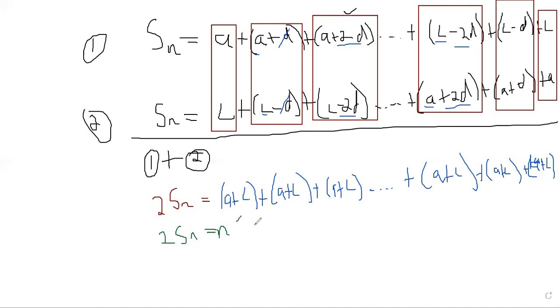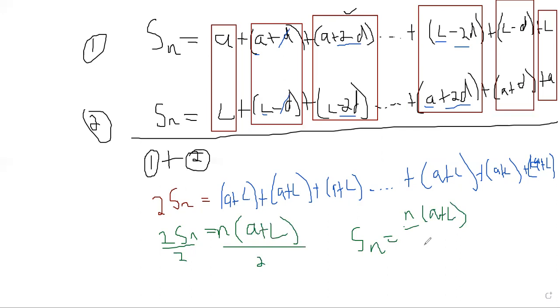So until infinity, we can multiply that a plus l, right? And we don't know until when. So we just want the sum, right? So what do you do? You divide by 2. So Sn is equal to n times (a plus l) over 2, right? So you've derived your formula.